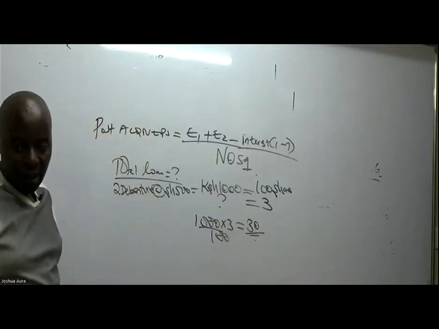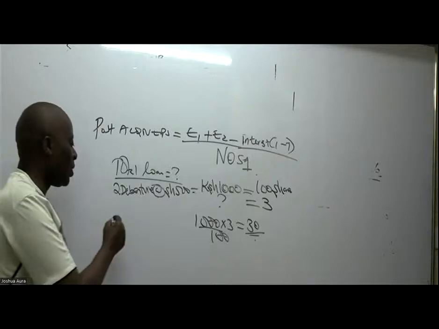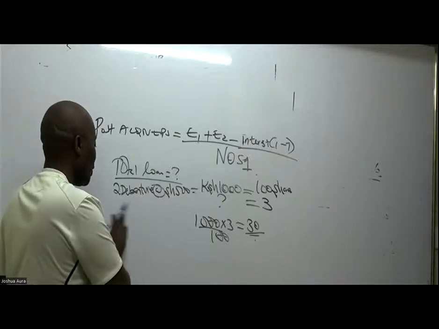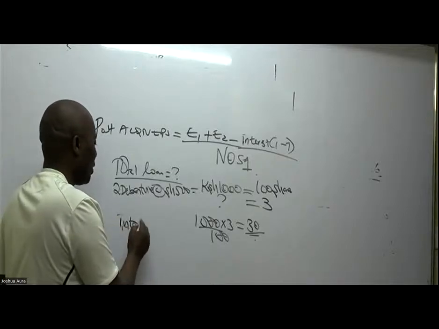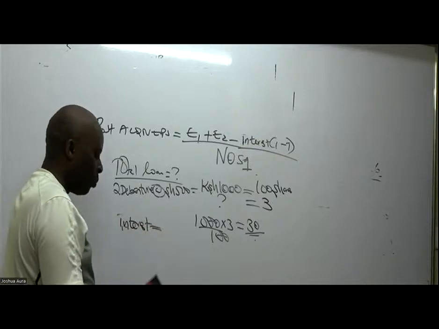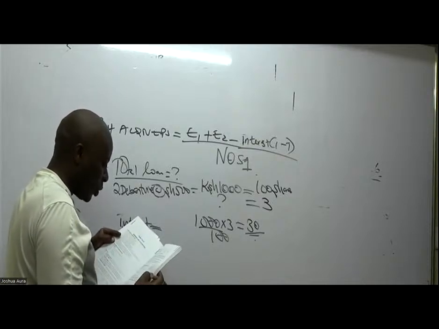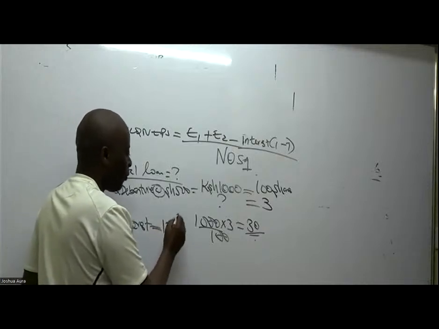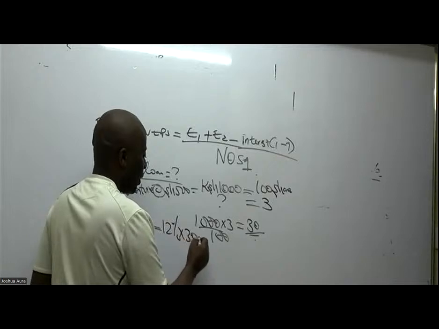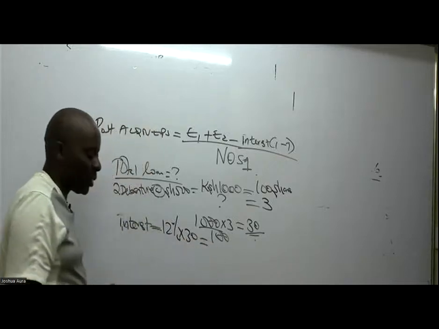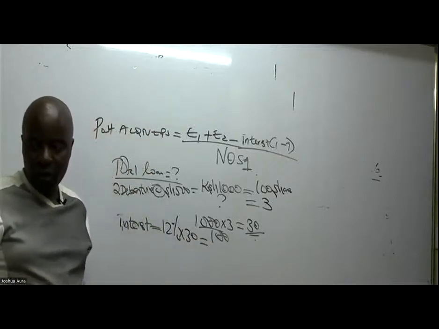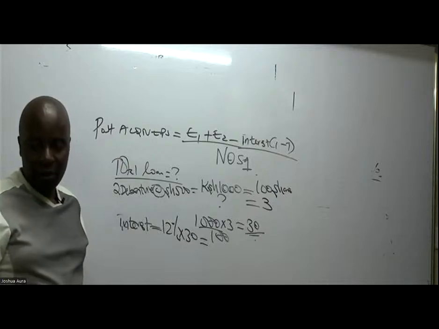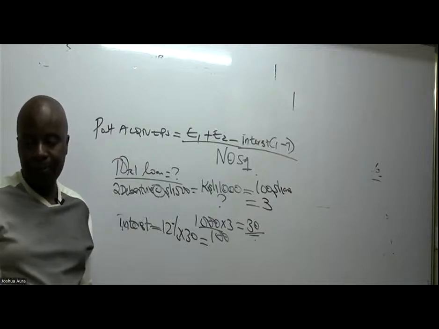Total debt of 30. Once I have the total debt, I need to calculate the interest payable. Fortunately, they have given us the coupon rate. What percentage is it? 12%. So we have 12% of 30, which gives you guys how much? What is 12% of 30?